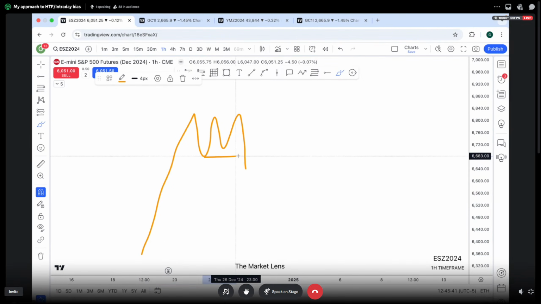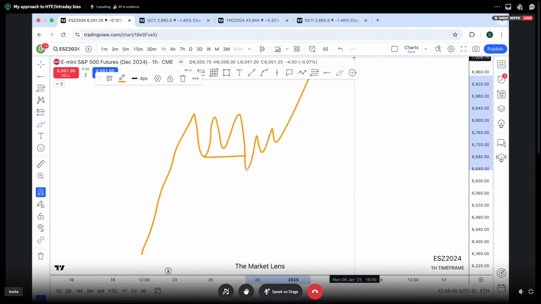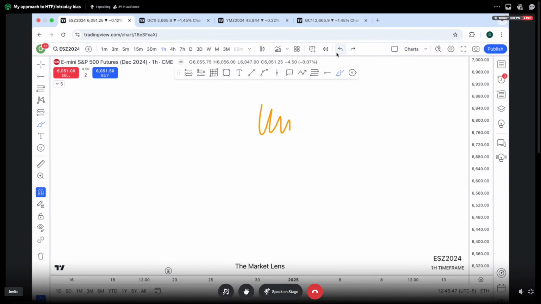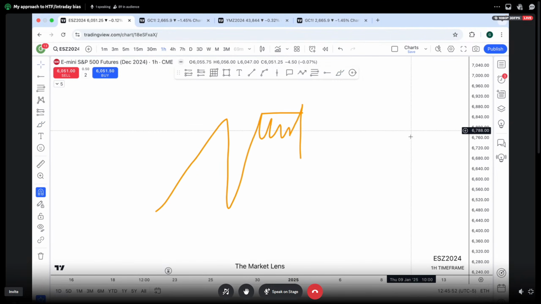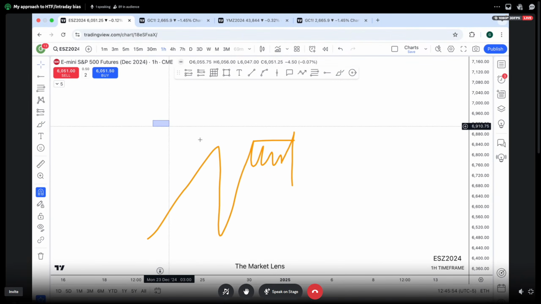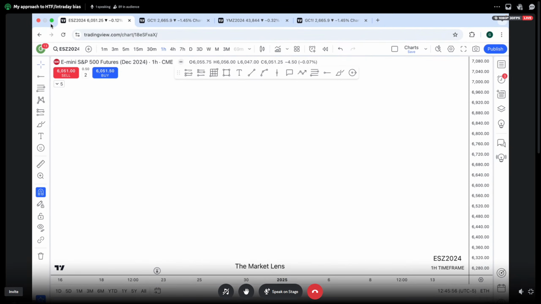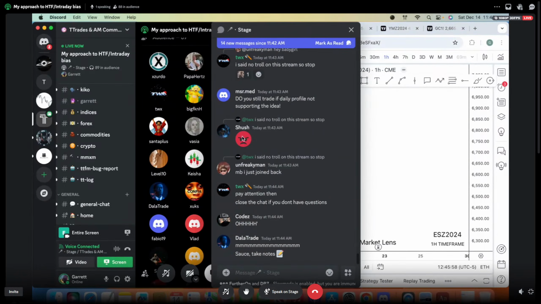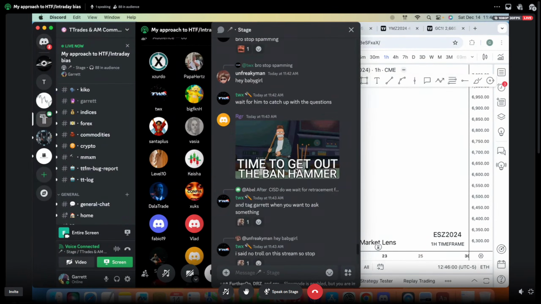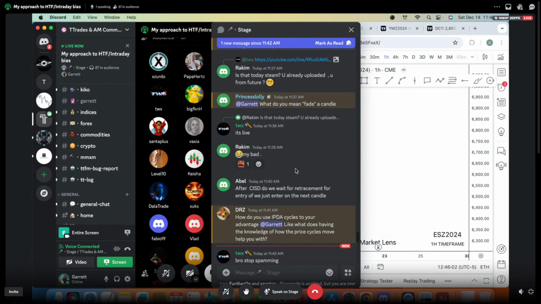So in order to actually trade the expansion, it must manipulate for us to actually anticipate that. You know what I'm saying? So that's why I say obviously we want to trade expansion, but we can only ever anticipate it really when we actually manipulate, you know? That's why I require manipulation.